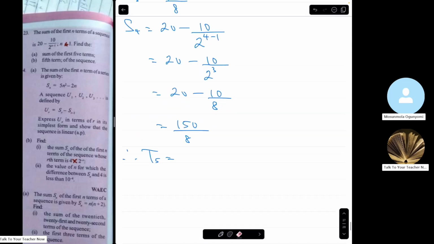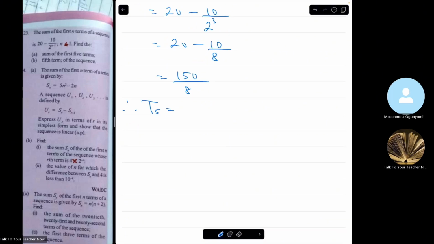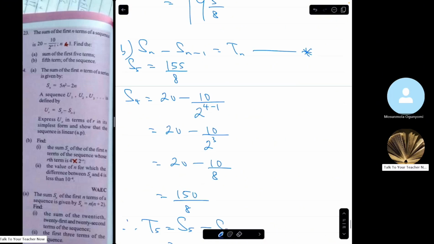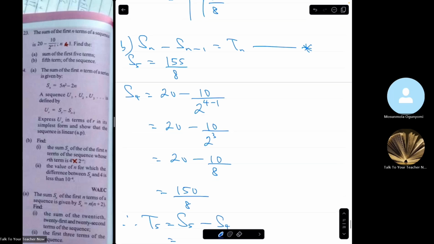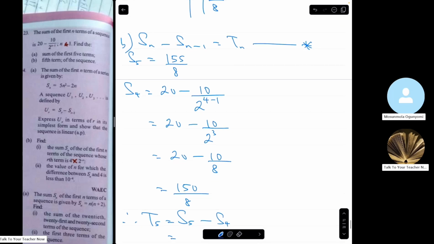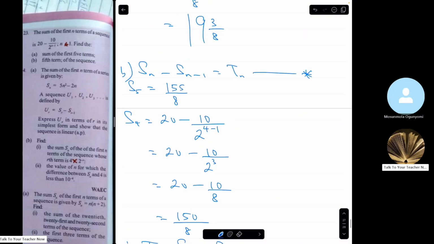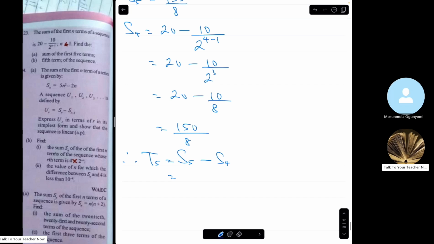So T5 will be what? What's the formula for T5? S5 minus S4, right? So what is S5? It's 155 over 8.